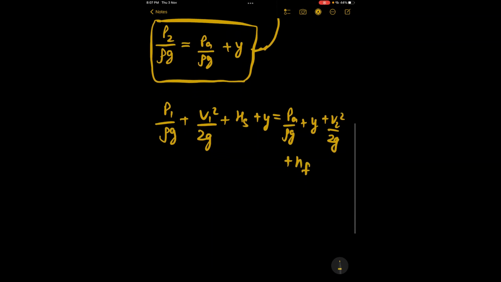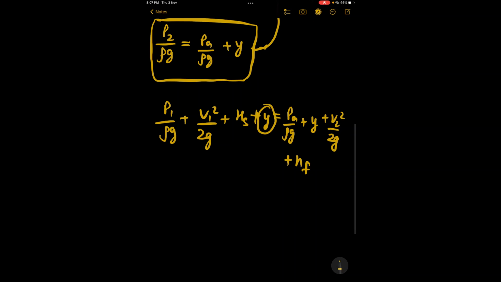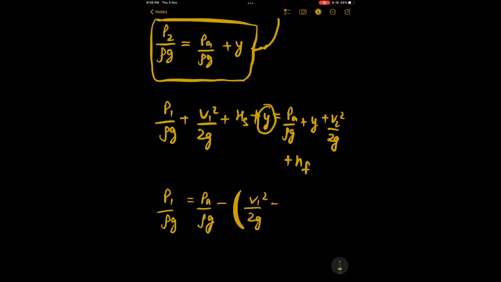I can get rid of y from here, and the value of P1 by rho g would be Pa by rho g minus, this would go there, it would become V1 square by 2g minus V2 square by 2g, and then also minus hf, and this would go over there, and this will become plus hf hs.